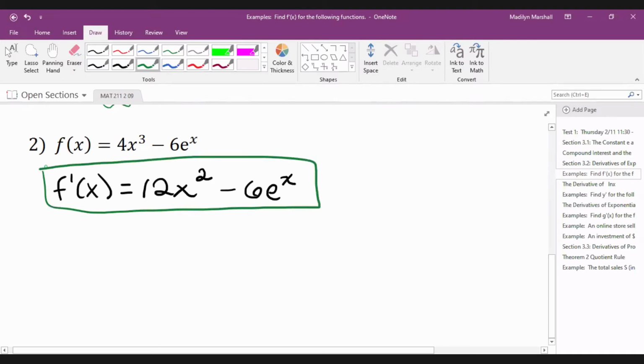Exactly. So these are more problems where there's really no work to show here. Our power rule is just itself, and then e to the x doesn't change. So we don't actually have to show any work here. There's just this one step.